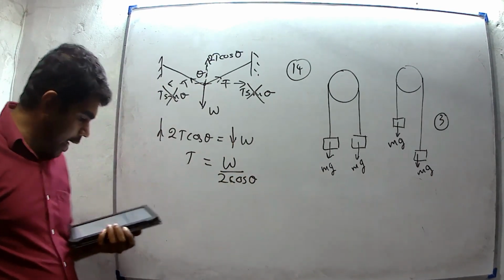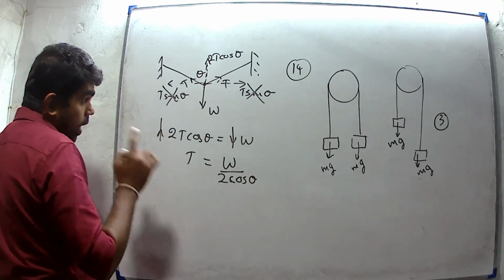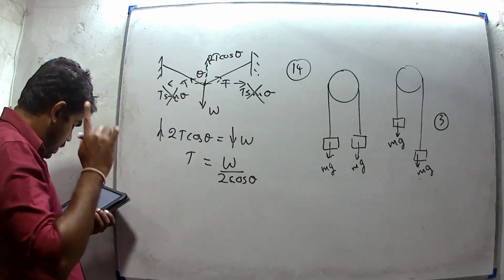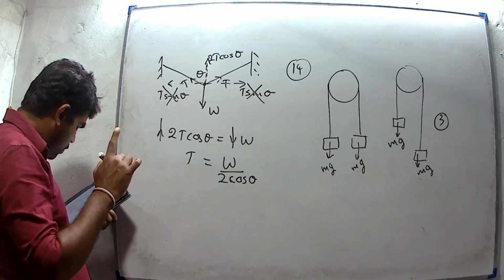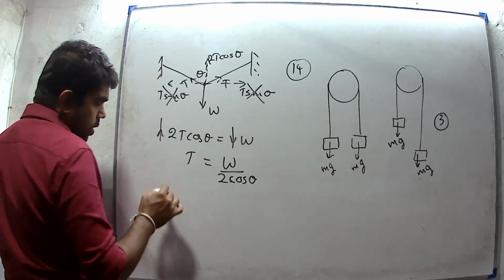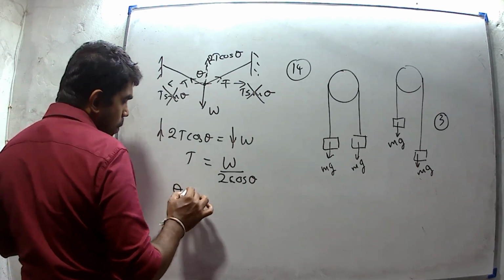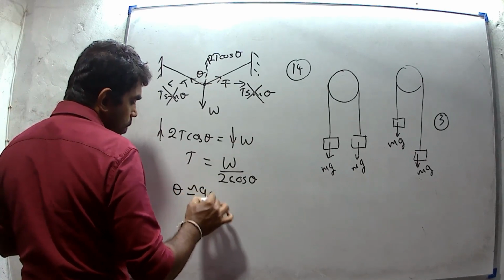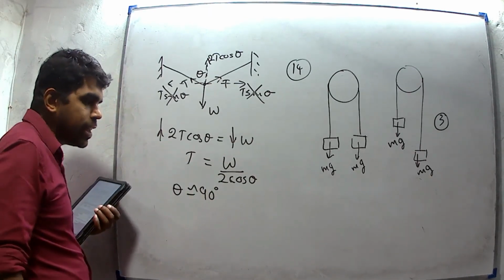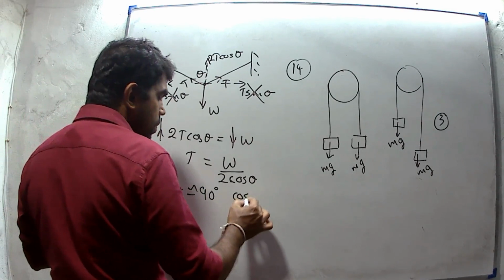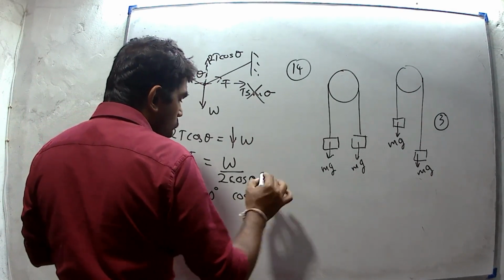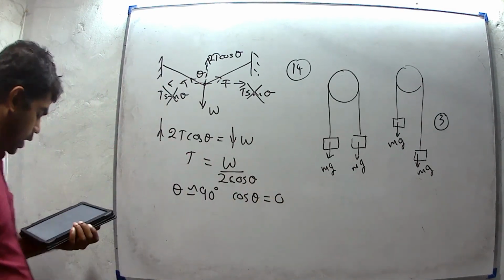Now consider that they have given the string is fixed tightly. Therefore, theta approximately equals 90. When theta is 90, cos theta equals 0.